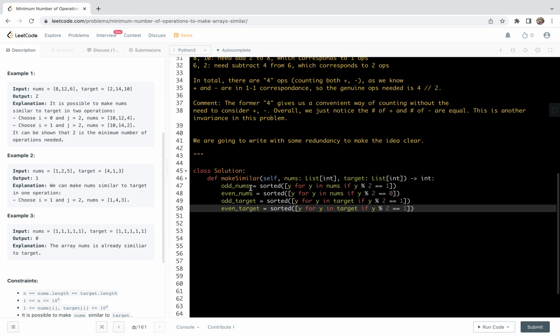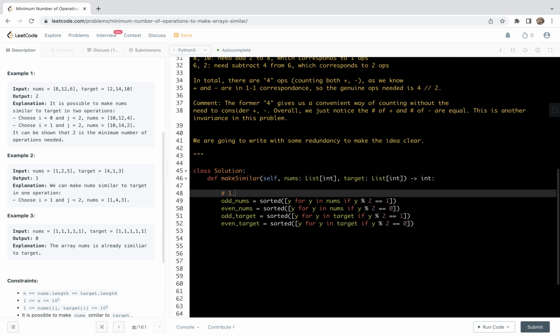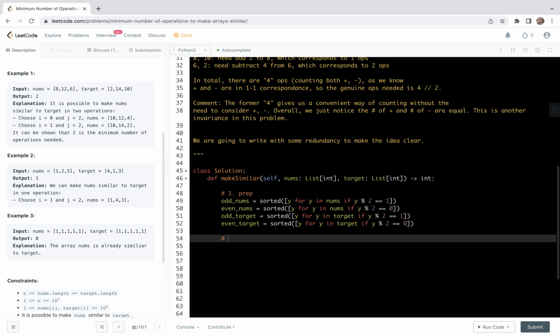So here same target, right? The odd nums contains the odd numbers in the original nums list. Then we do the sort. So similarly for the other 3 lists, we do sort for all of them so that we can match. So here we need to change to be 0, right? So this is a preparation step. So let's call it preparation.